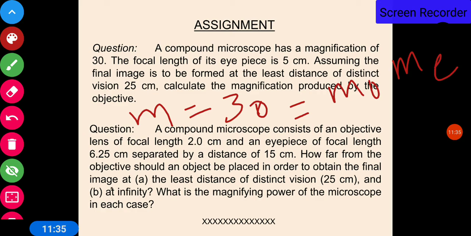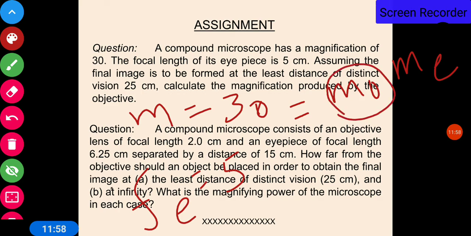The focal length of its eyepiece is given, FE is equal to 5 centimeter. Assuming the final image is to be formed at the least distance of distinct vision, that is 25 centimeter, now we have to calculate the magnification produced by the objective.